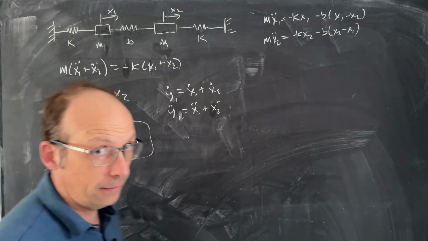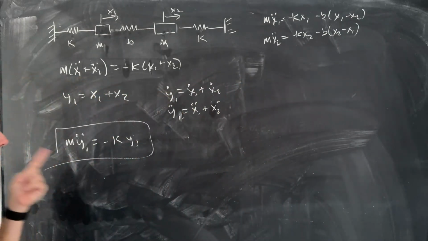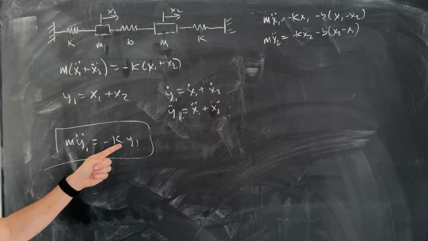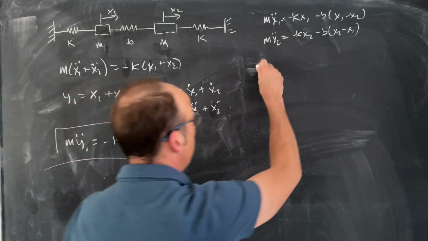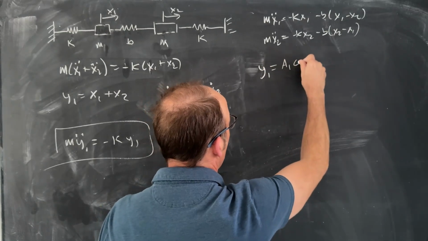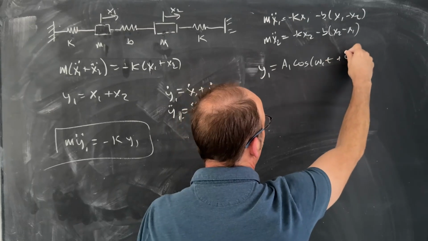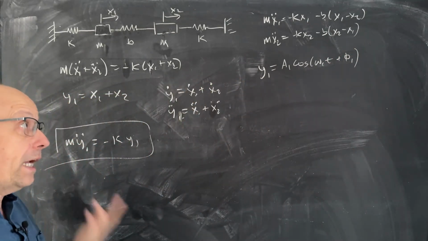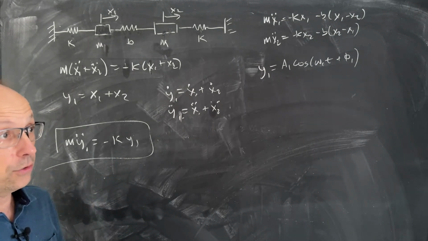I know how to solve that equation. So now we're back to a simple harmonic oscillator in the variable y. We can just guess the solution and check, and it is right. I'm going to say y1 is equal to A1 cosine of omega 1 t plus phi 1. And we can find A1, omega 1, phi 1 from the initial conditions.